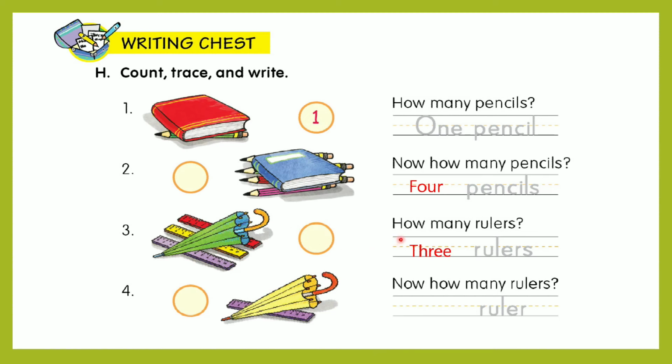And the question is asking how many rulers? Well, we already have here the answer, 3 rulers. But we can still count to confirm. 1, 2, 3. Correct. There are 3 rulers. Make sure you write the word 3 and trace through the word rulers.